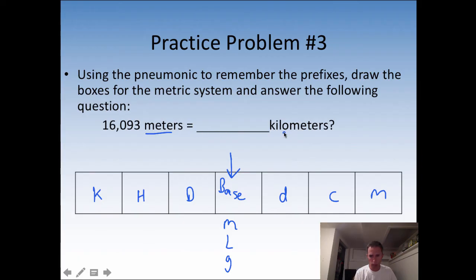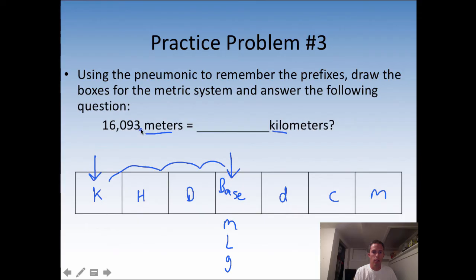We want to go to kilometers. Kilo starts with K, so that's how we know we're going to try to go to this box. So let's count how many boxes we need to go to get to kilo. So that's 1, 2, 3 boxes. So we need to move the decimal 3 times, and we went to the left, so let's move it 3 times to the left.